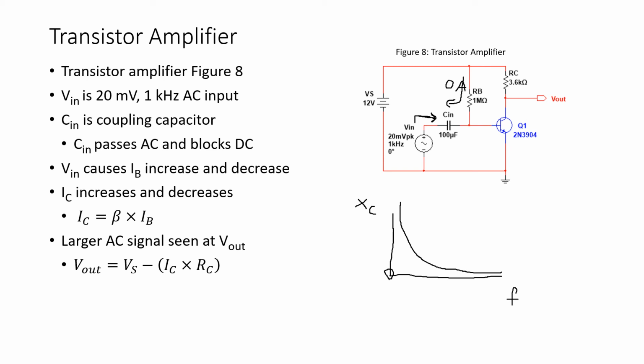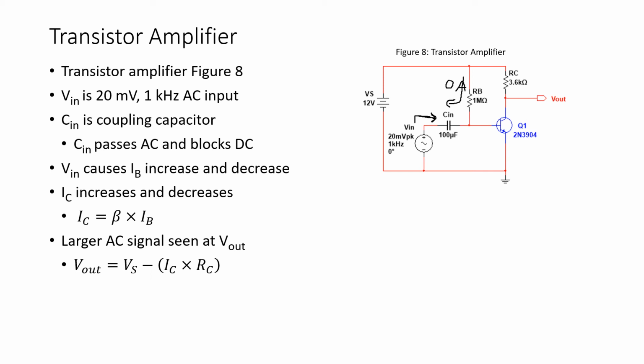So what we're doing now with the amplifier is, through this capacitor, we're able to add this 20 millivolt signal to the 0.7 volts that normally exists at the base.